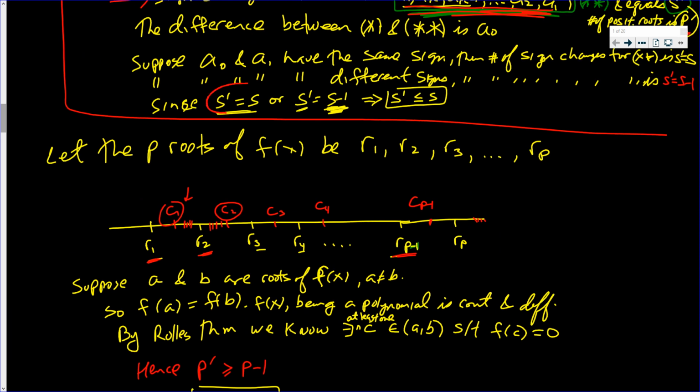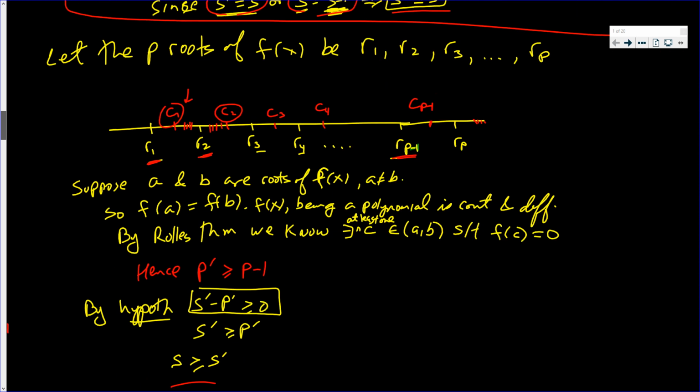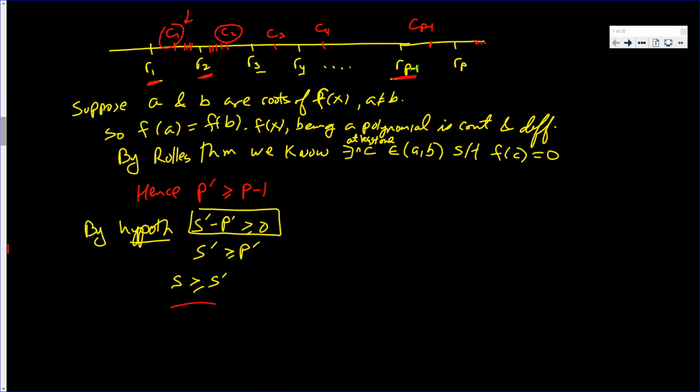Remember, we said that S prime was either S or it was S minus 1. That means that S prime is less than S. And if S prime is less than S, that means S is bigger than S prime. Now, we know that S prime is bigger than or equal to P prime by hypothesis.